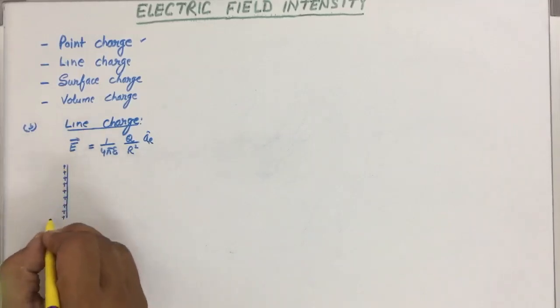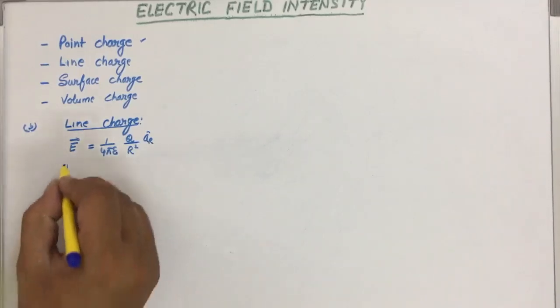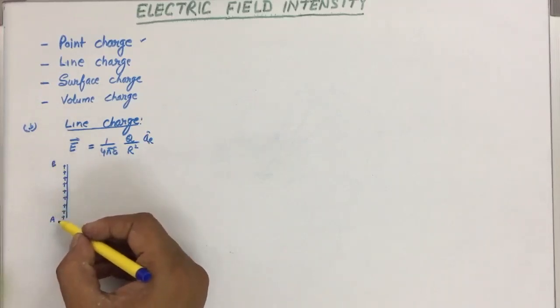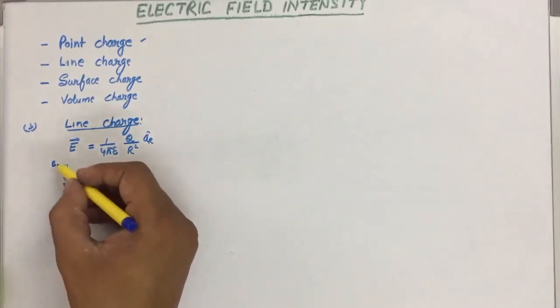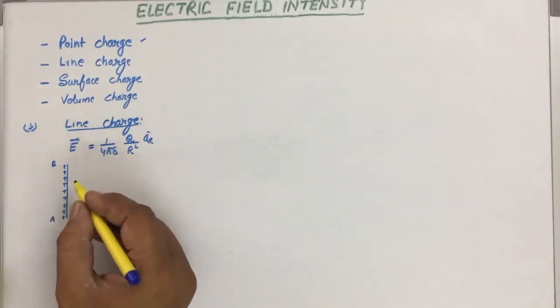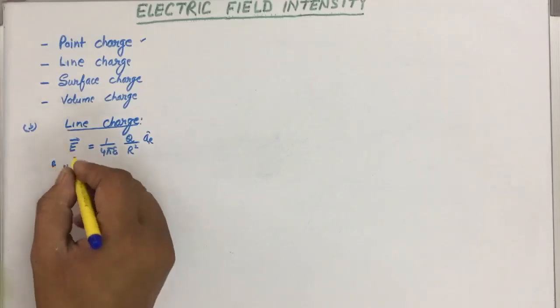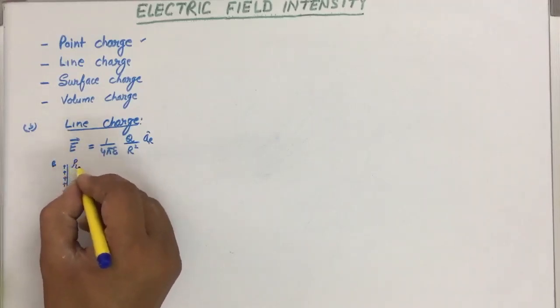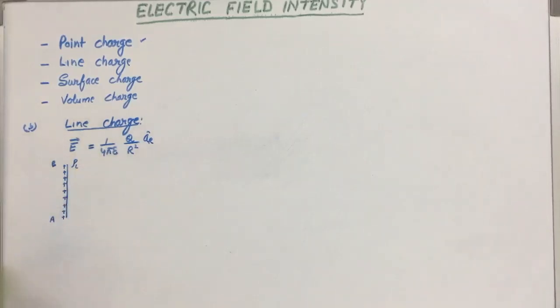For example, point A, point B, the charge is distributed from point A to point B uniformly, and we can consider the line charge density is rho L. This is the line charge.